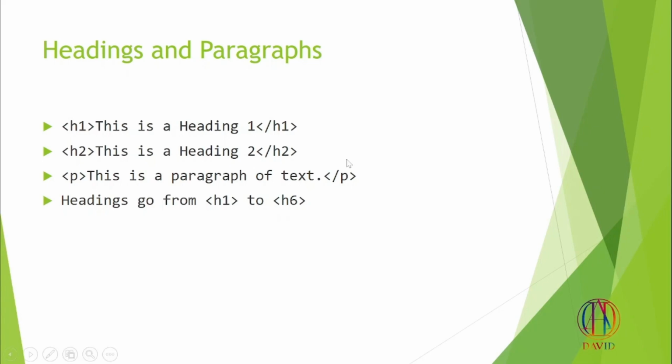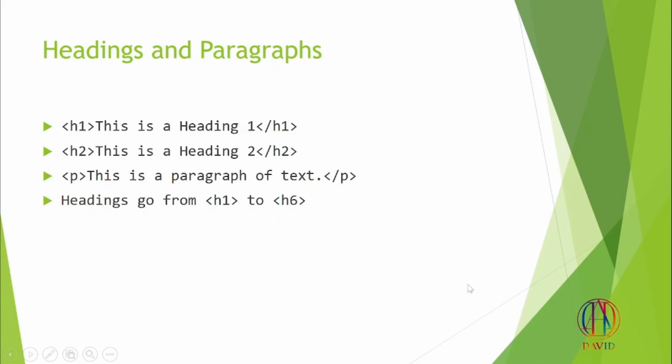This is how you write your element: start tag, content, "this is a heading", and then you end the tag with a forward slash. Same for the paragraph, P being the tag of the paragraph. "This is a paragraph of text", then you close the paragraph.